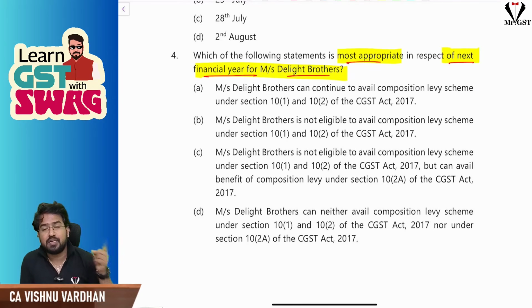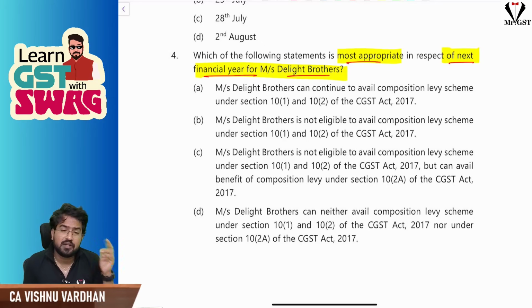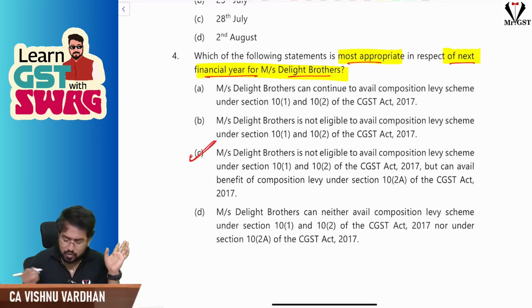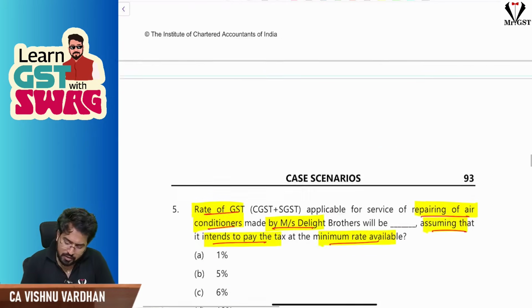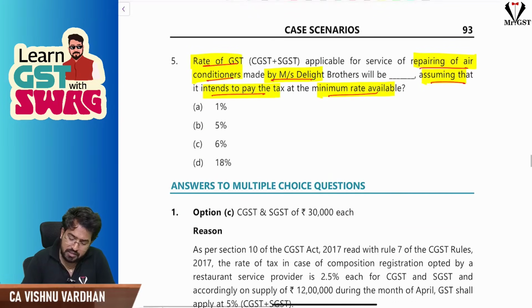They can do that, but the condition is that 10(2A) is now available, provided the aggregate turnover threshold limit does not exceed 50 lakhs. With 48 lakhs they are eligible. So option C is the most appropriate statement. They are not eligible for the composition scheme under 10(1) and 10(2), but can avail it under 10(2A). And if they do that, they'll pay GST at 6% because it is services. That is the answer for the next question.